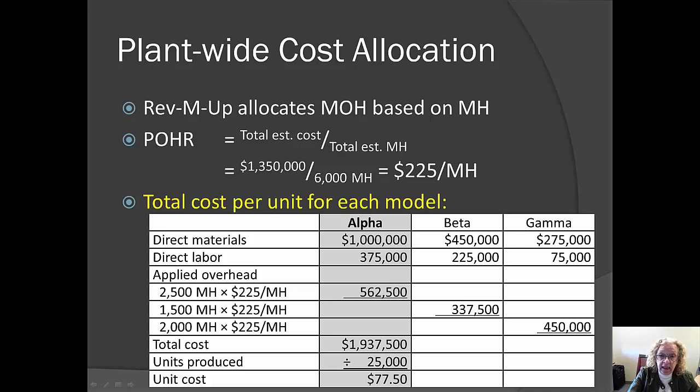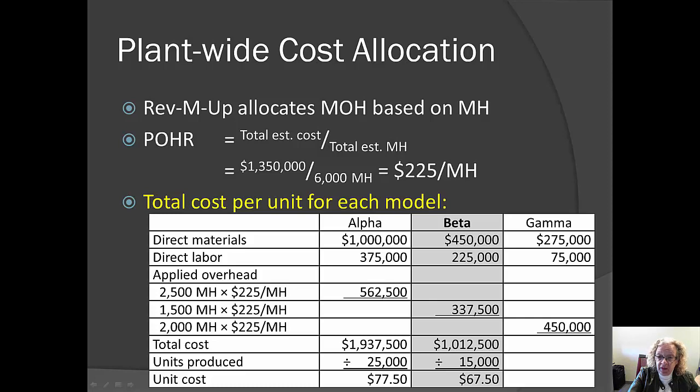In this case, each alpha motor is costing us $77.50. For the beta motors, we can add their materials, their labor, their overhead, and we get a total. Divide by the number of beta motors that we make, and that will tell us how much it cost us to make each beta motor.